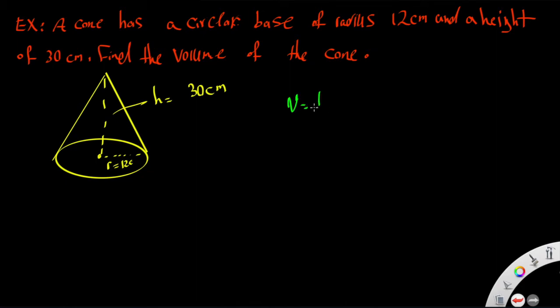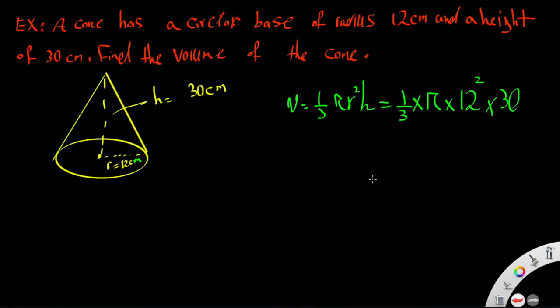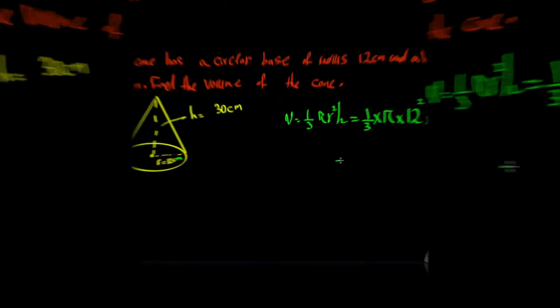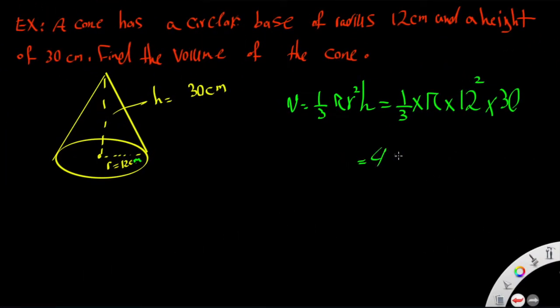So the volume is 1/3 pi r squared h, where pi r squared is the base area, pi times 12 squared times the height, which is 30. After calculating, it will be 4520 centimeter cube.